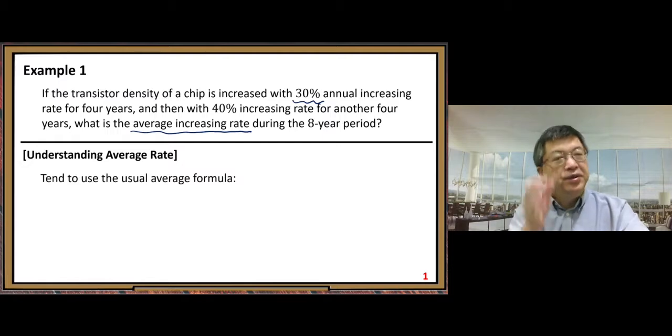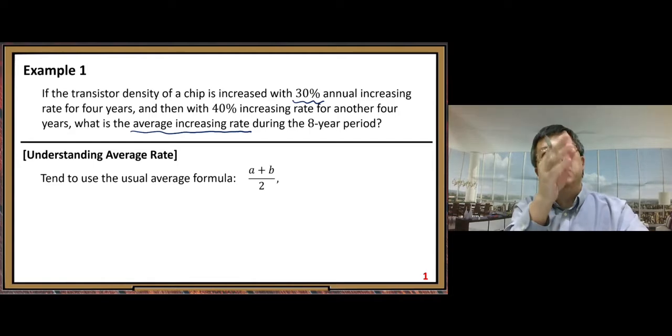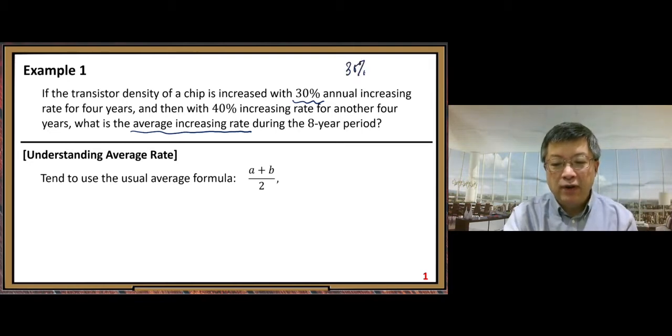They tend to use the usual average formula like this, a plus b divided by 2. So here they may like to do it this way: 30% plus 40% divided by 2 equals 35%.